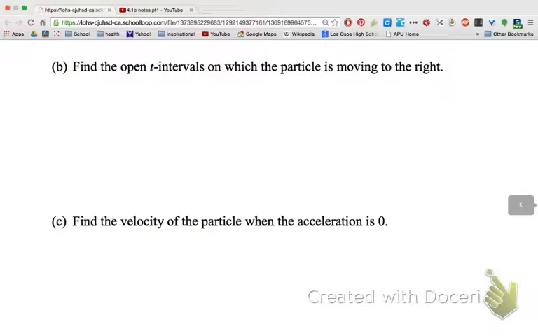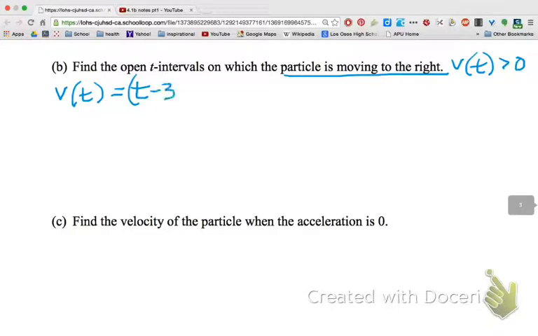Okay, so again, remember that if the particle is moving to the right, I know that velocity has to be positive. So I'm going to take my velocity function and I'm going to factor it. So check my math, but I believe this is correct.